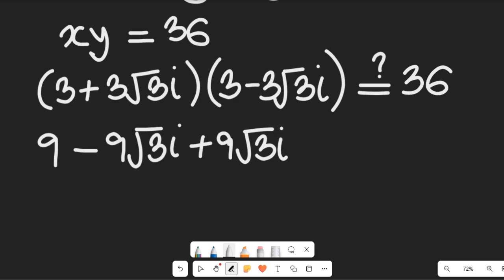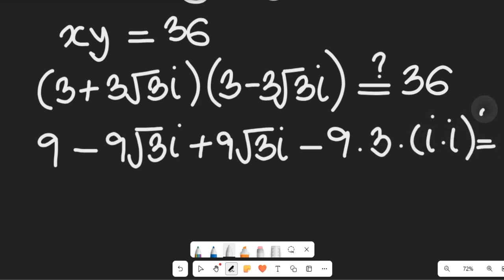And then we'll have plus 3 root 3i multiplied by minus 3 root 3i. 3 times 3 is going to give us 9. Plus times minus is going to give us minus. So we'll have minus 9 multiplied by root 3 times root 3, which is going to give us 3, and then we'll have the value of i multiplied by i.